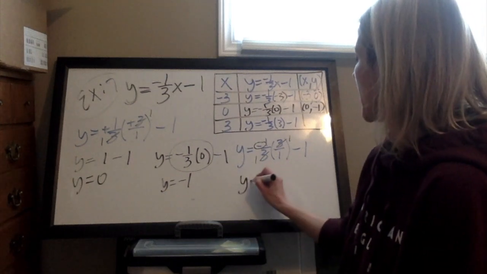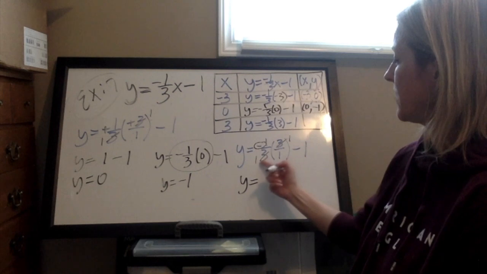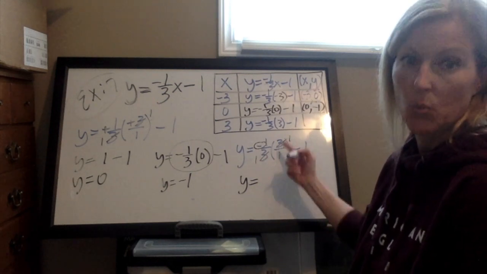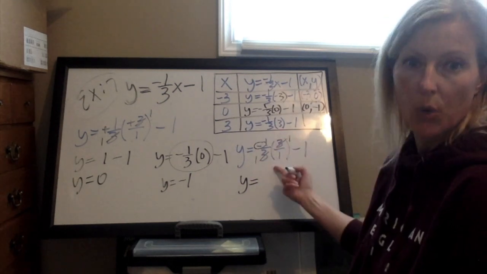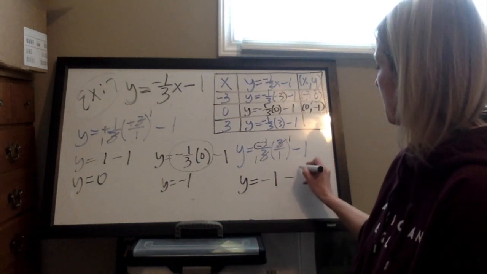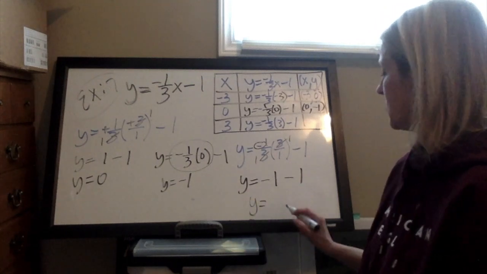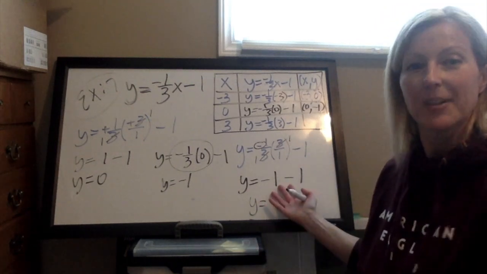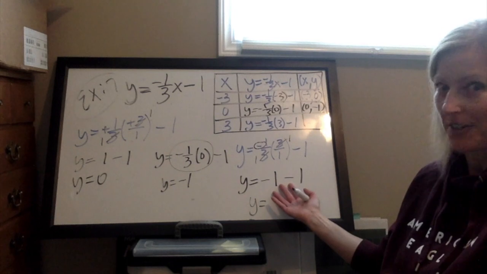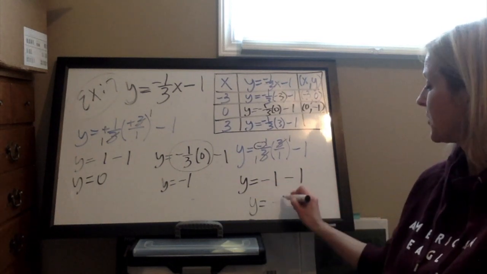So I'm going to get y equals, well, this gives me 1 times 1 is 1, and 1 times 1 is 1. So it's 1 over 1. And 1 over 1 breaks down to 1. So this is going to be negative 1 minus 1. And so that's going to give you, now you can either put this in your calculator on your phone and put in negative 1 minus 1, and it should give you a negative 2.